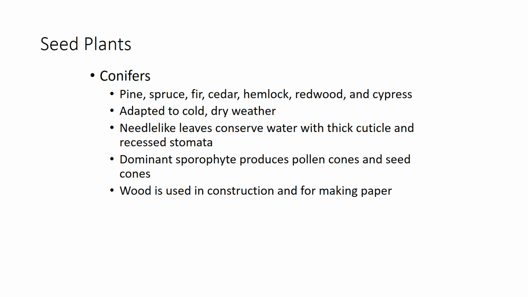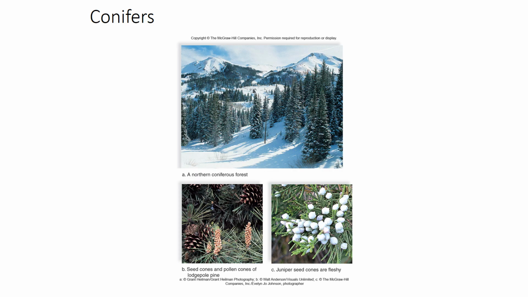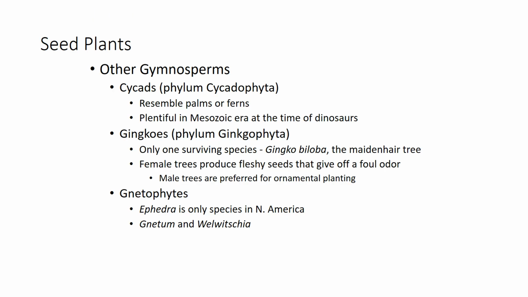That rosin or pitch is used for waterproofing. It's also found in varnish and in paints. So really with conifers, you can use a lot of the tree for building materials and paint and things like that. Here are some pictures of some conifers that we've probably seen before.